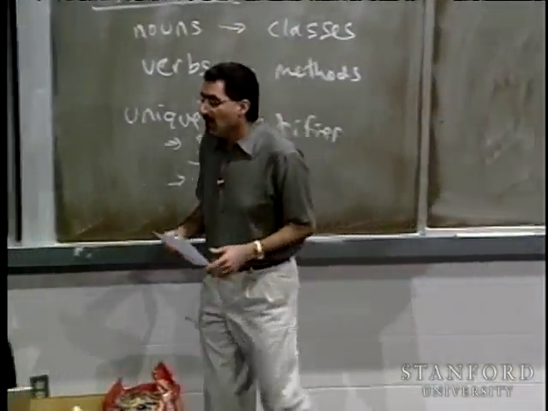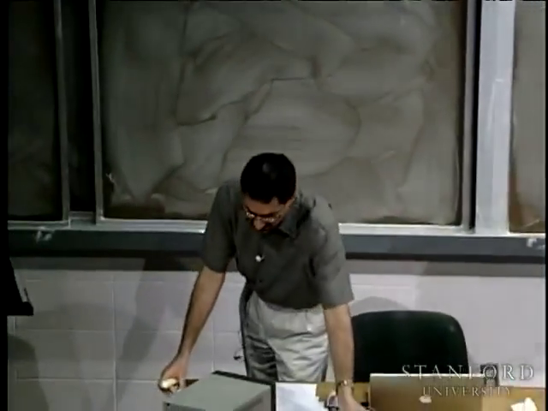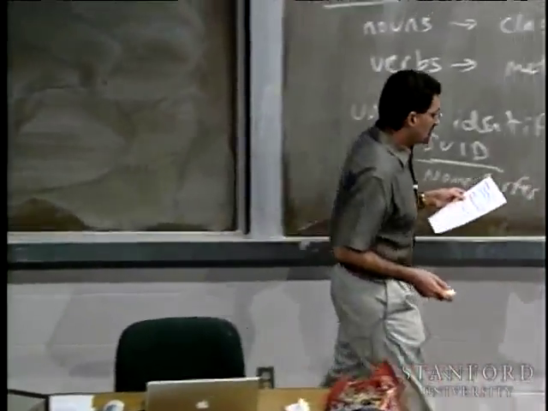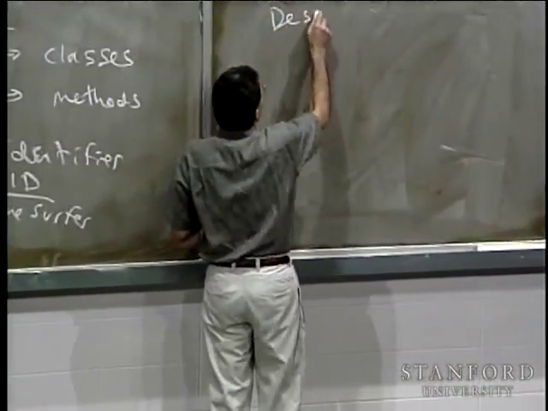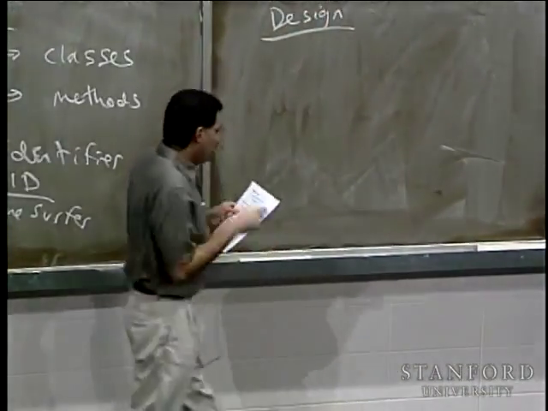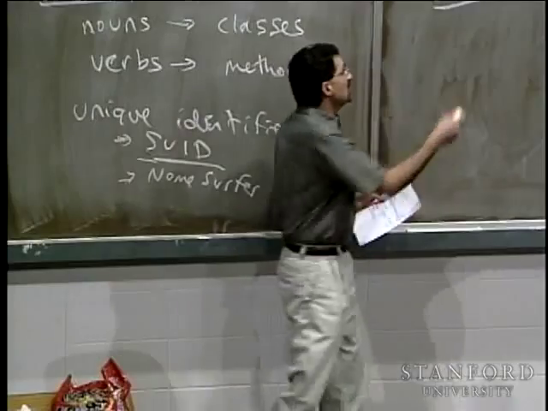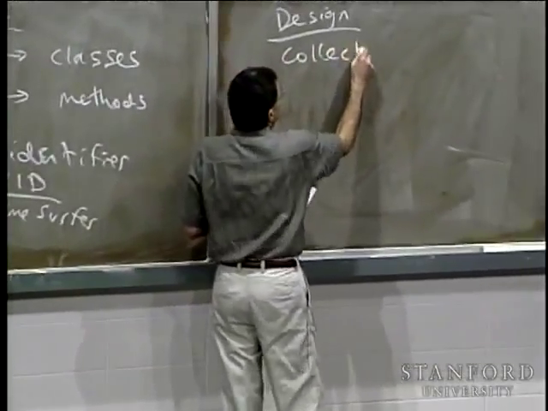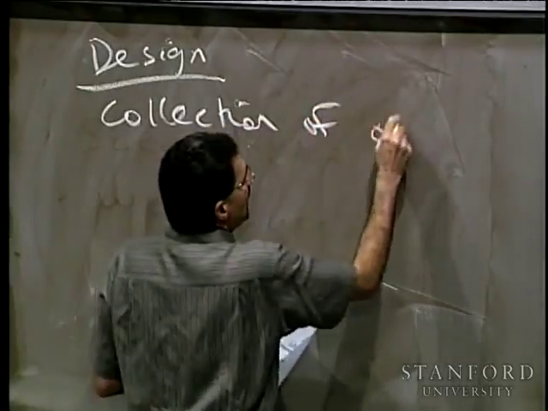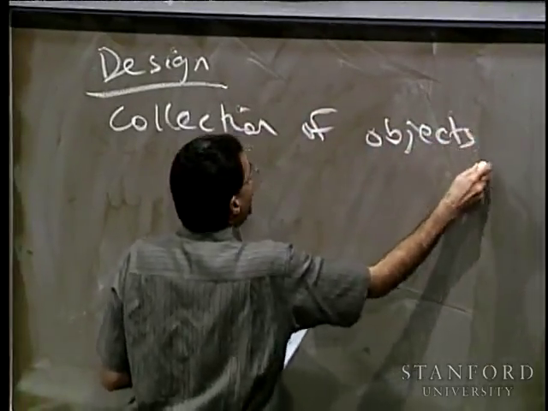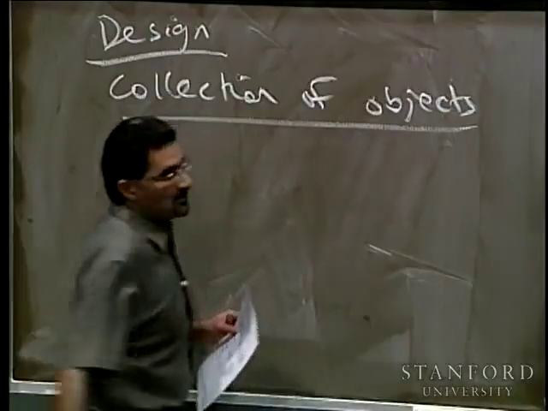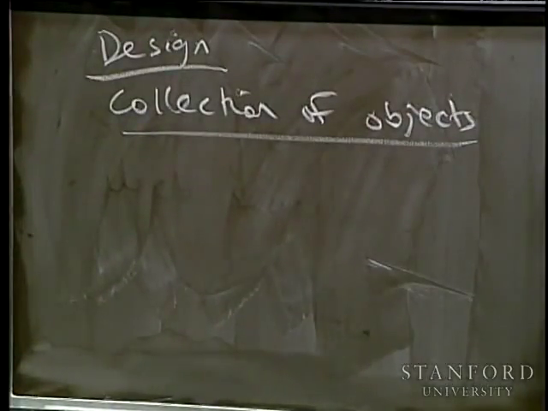Okay? So some other principles we can think about in terms of designing a data structure. In terms of actually doing the design, there are some questions you want to ask yourself. The question is, are you keeping track of some collection of objects? There comes some collection of objects or data that you want to have. If you have a collection of objects, say in an online music store, you might have a collection of songs that you want to keep track of.